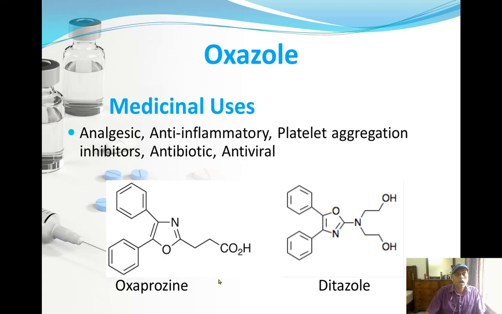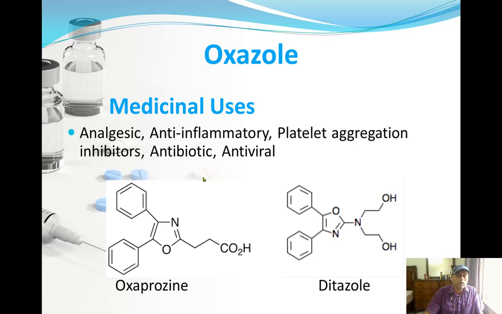Oxaprozin is an anti-inflammatory product. Oxaprozin, you can see the oxazole ring over here, right? Oxaprozin is in the market. The brand name is Daypro. Oxaprozin is anti-inflammatory in nature, but it is mainly used as anti-rheumatic, right?